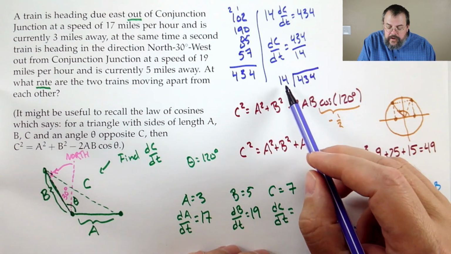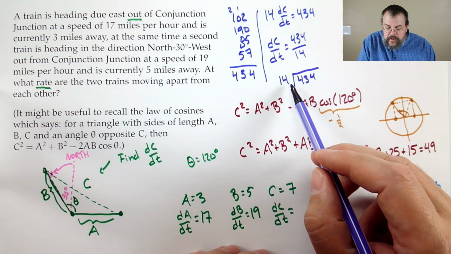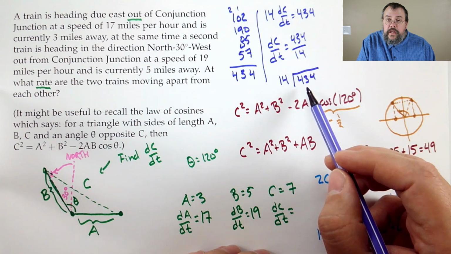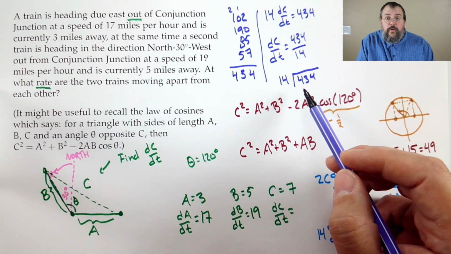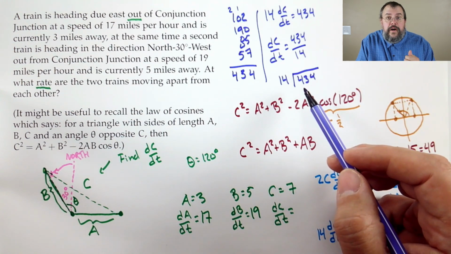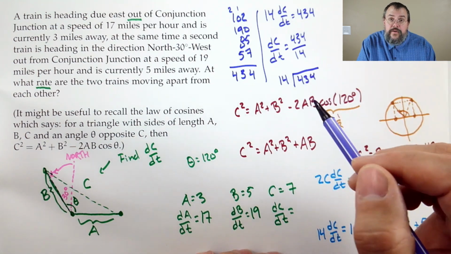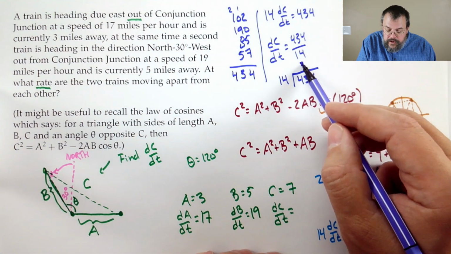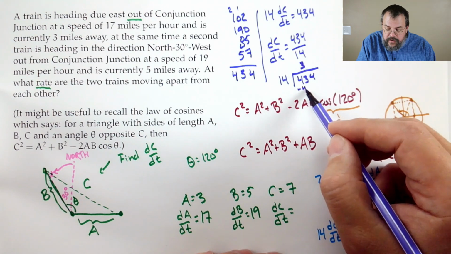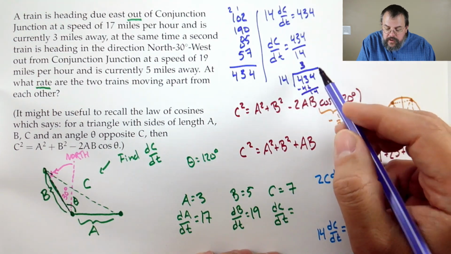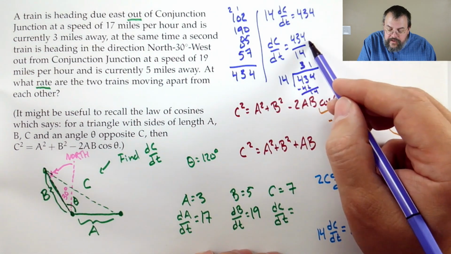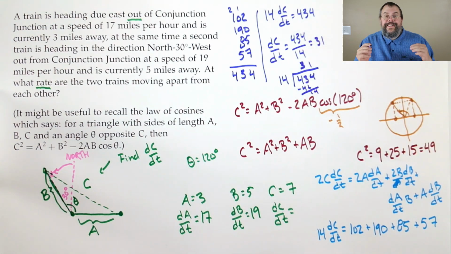Well, I know that 14 doesn't go into 4. For 43, well, 43 is 42 plus 1, and 42 is 3 times 14. So it's really 3 goes there, subtract 42, remainder of 1, bring down the 4, 14, 1. So this is 31. Okay, so you can check it and see, lo and behold, it does indeed work.